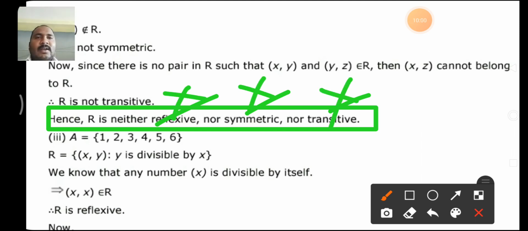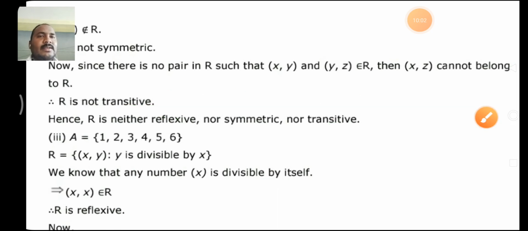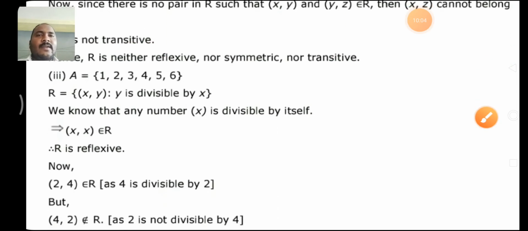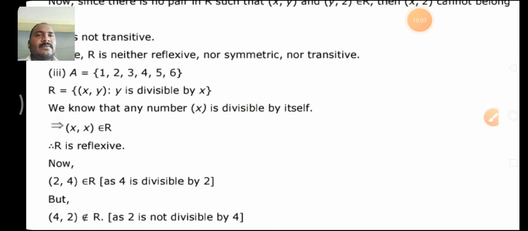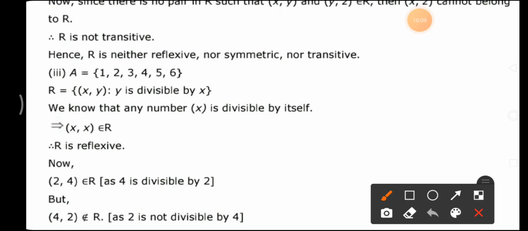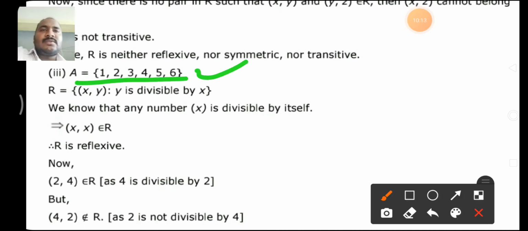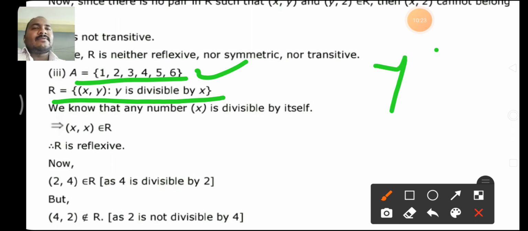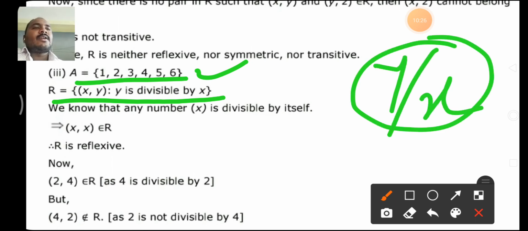Next example, example number 3 in sub question 3. The set is given A is equal to {1, 2, 3, 4, 5, 6}, and R is defined like this: R is the set of ordered pairs (x, y) such that y is divisible by x. It means y by x.